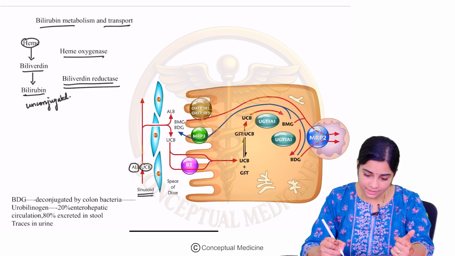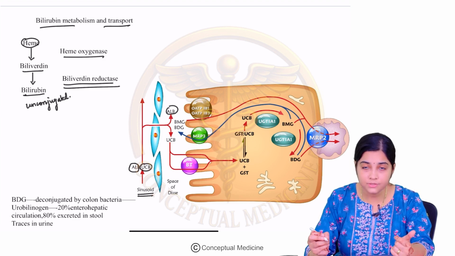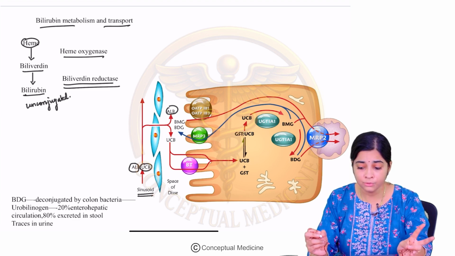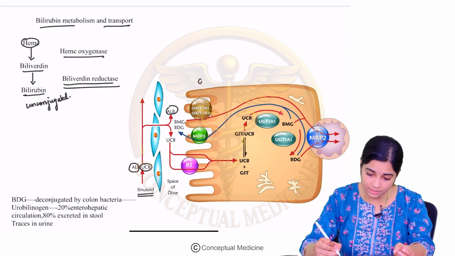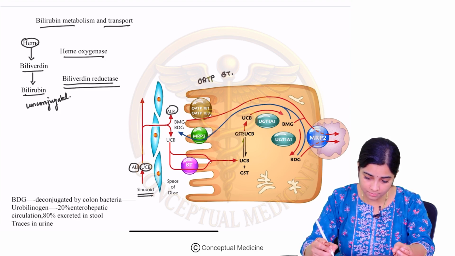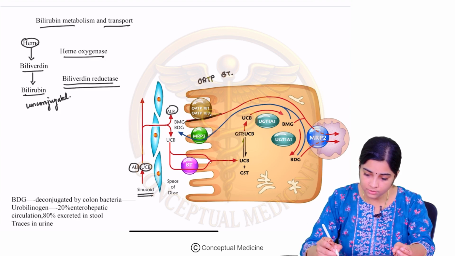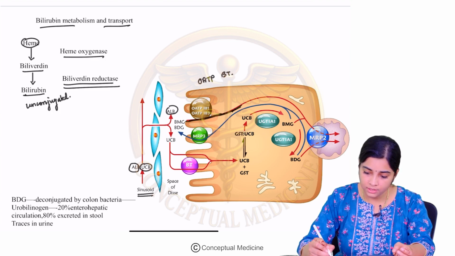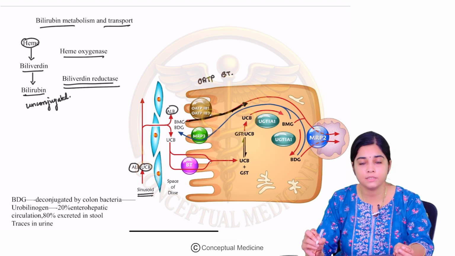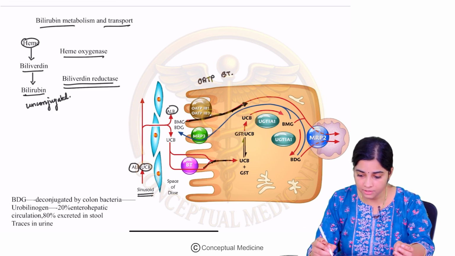Once it enters the space of Disse, this albumin is removed and the unconjugated bilirubin is transported through 2 very important transporters, your OATP and the bilirubin transporter. Can you see here that it goes into the hepatocytes via this OATP and bilirubin transporter?